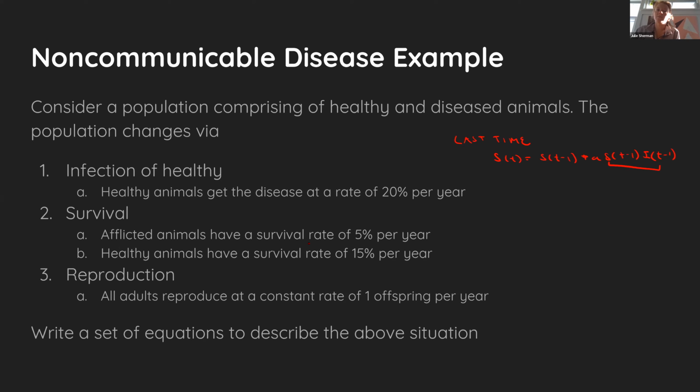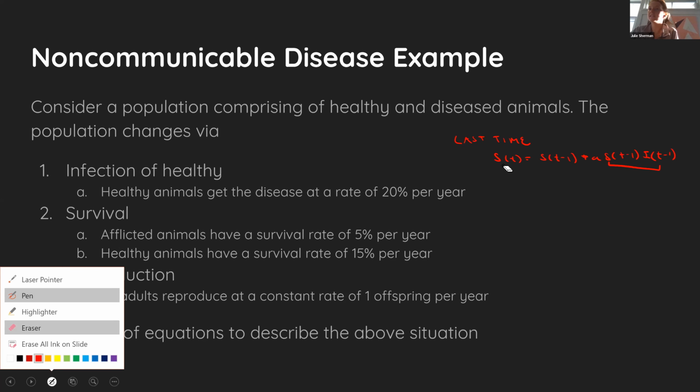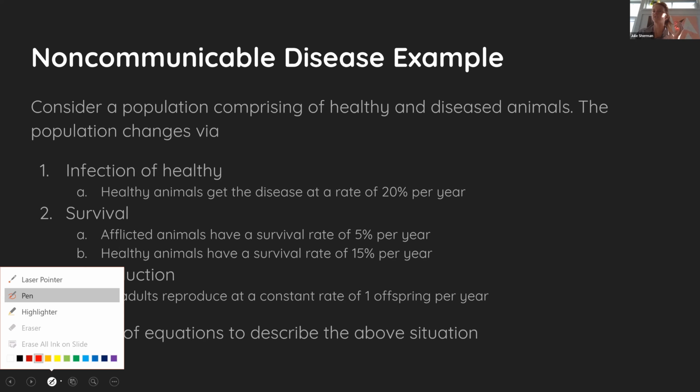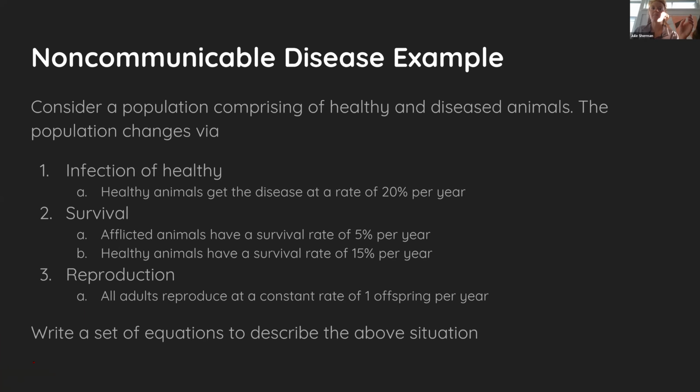In a non-communicable disease, something that you could get, for example, through just random chance, something like cancer or something from the water, right? You don't need that interaction term. And that is very key for why we can actually write it as a matrix.